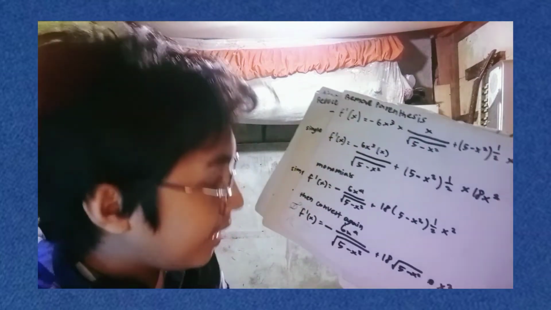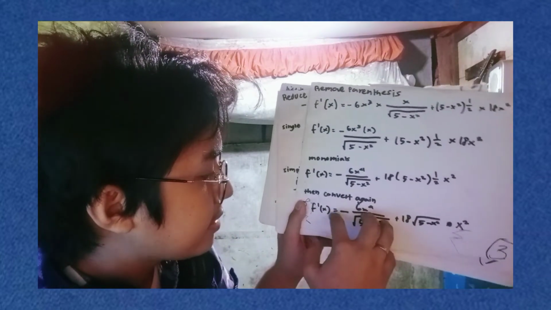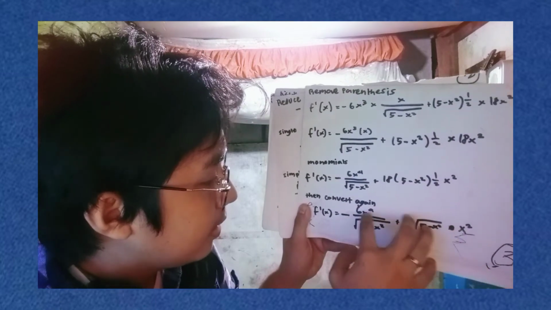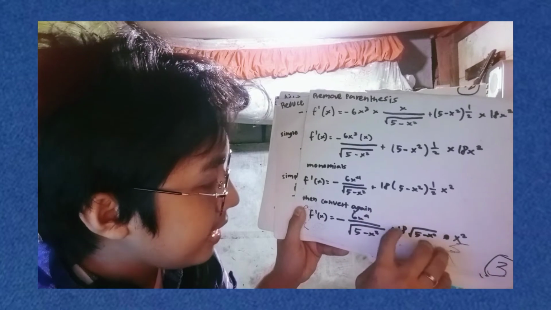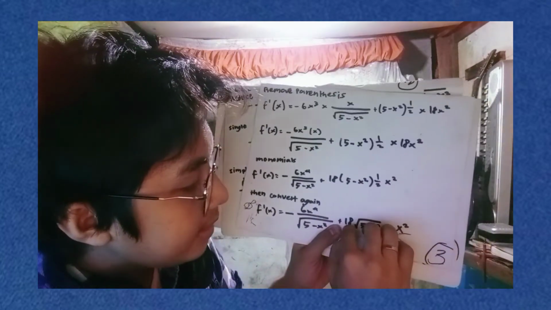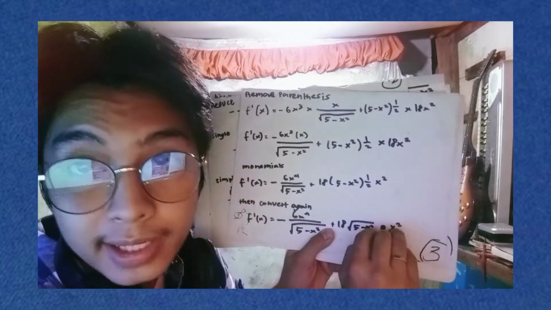Then we will convert it again. f1 of x equals negative 6x raised to the 4th power over 5 minus x squared plus 18 square root of 5 minus x squared.